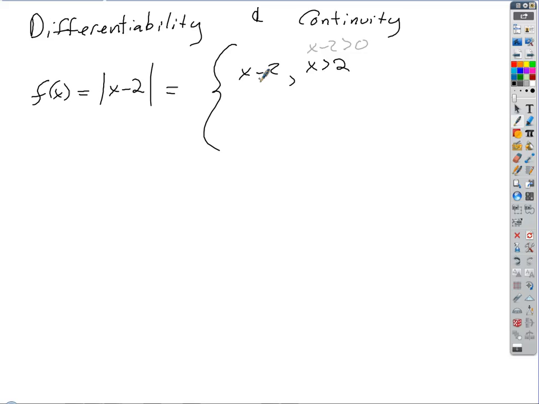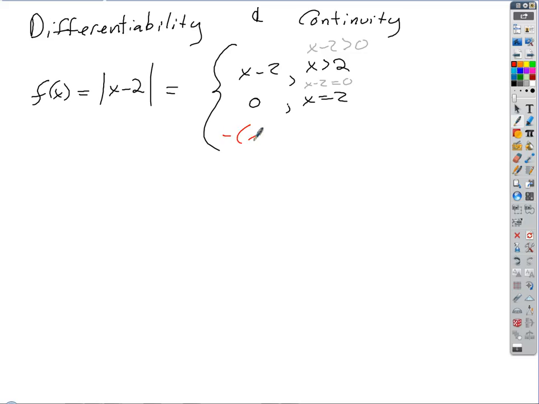Well, what's the absolute value of 0? 0. So this is equal to 0 whenever x minus 2 equals 0, which is when x equals 2. And it equals the opposite of the argument if the argument is negative.